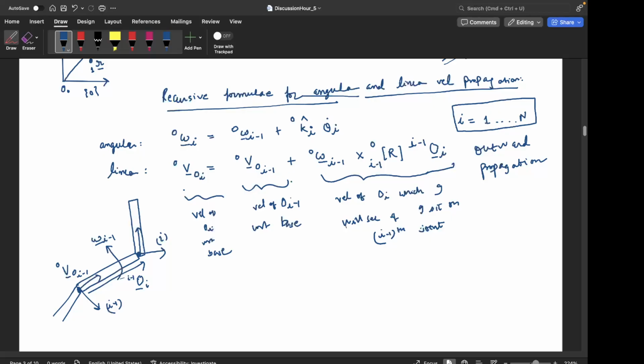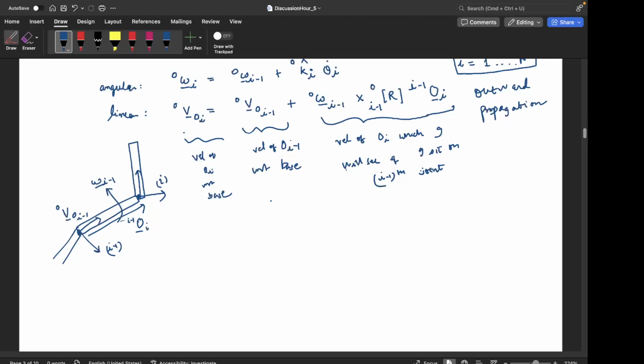This process would start from I is equal to 1. So for I is equal to 1, it would be V0, which is 0, and only this term would be there. For I is equal to 1, this is the base that is attached, and this is the first link. This is the first frame.